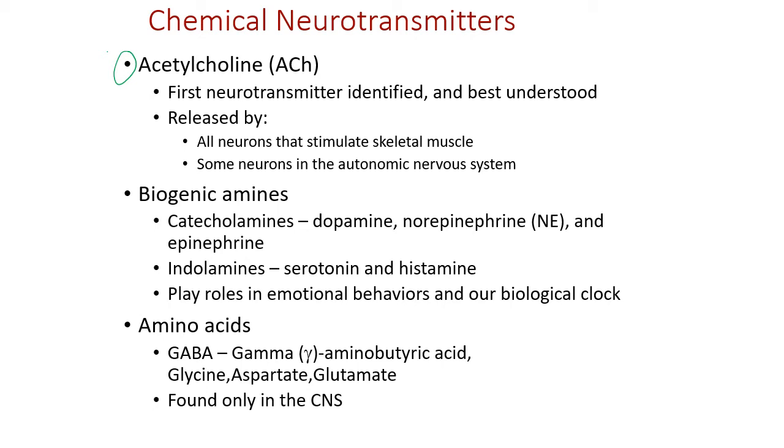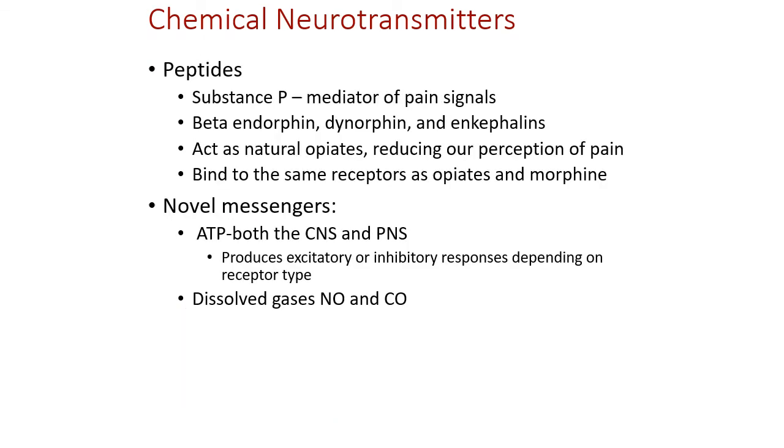For the rest of the neurotransmitters, I want you to know the general class of the neurotransmitter and what it does. So what's the general class? Biogenic amines are things like emotions and biological clock. Amino acids are for communication within the central nervous system, so we use them primarily there. We have peptides, which are kind of our feel-good neurotransmitters.